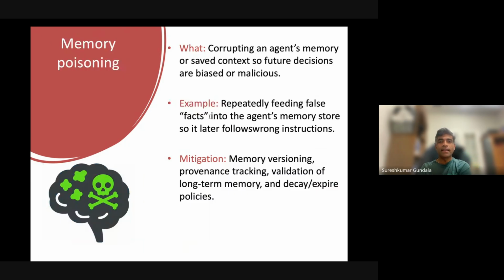Another attack that can happen is memory poisoning. Usually one of the characteristics of AI systems is memory, which is the ability to retain context across interactions and use past information to improve future decisions, right?